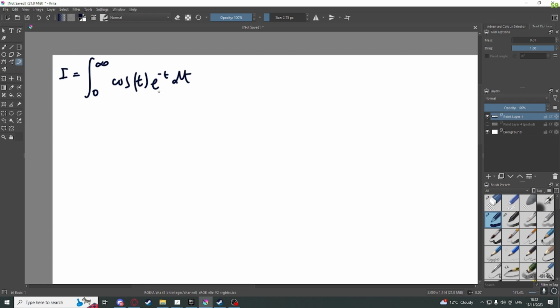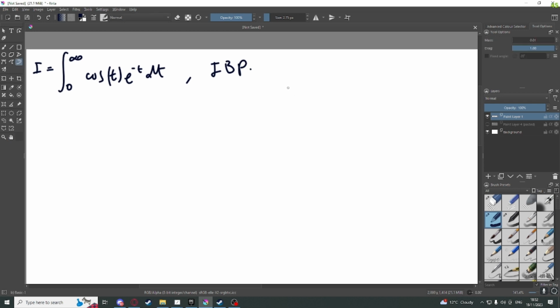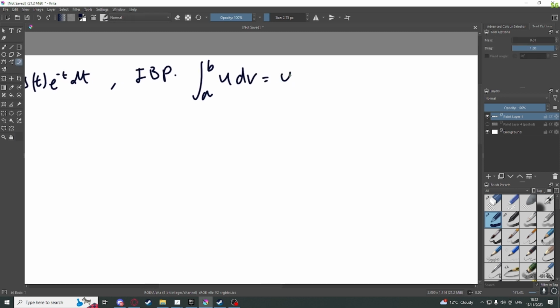And right now I have two functions multiplying each other, so what I'm going to use is integration by parts. Integration by parts is a formula that says the integral from a to b of a function u and another function dv is also equal to u times v evaluated at a and b minus the integral from a to b of v du.